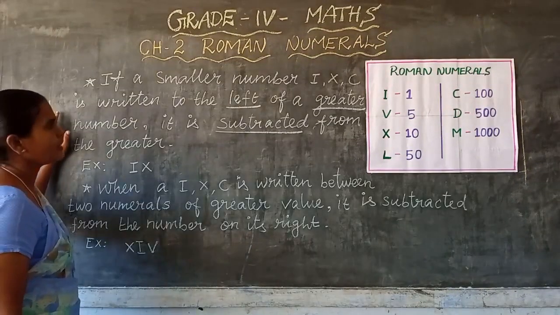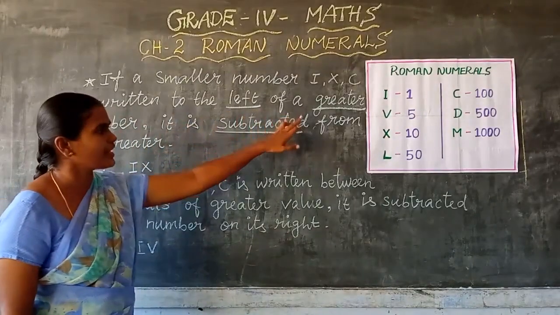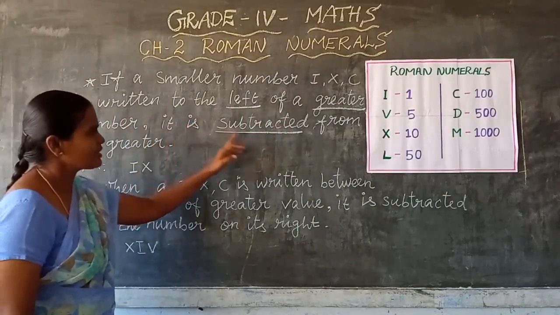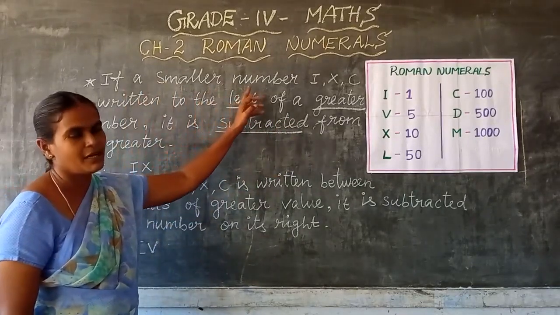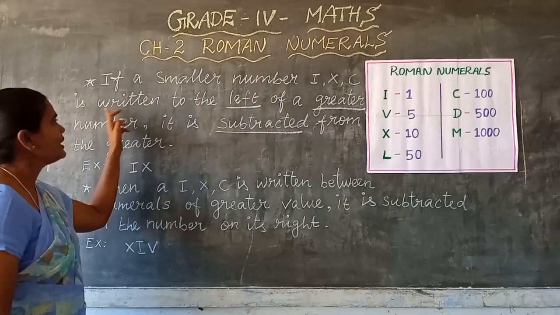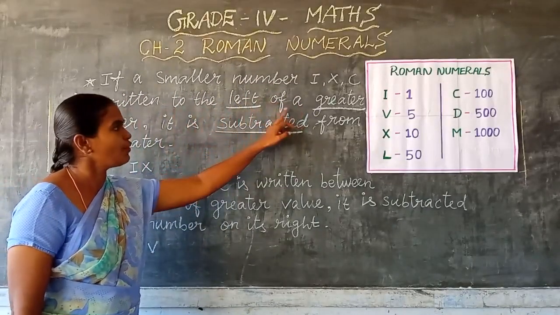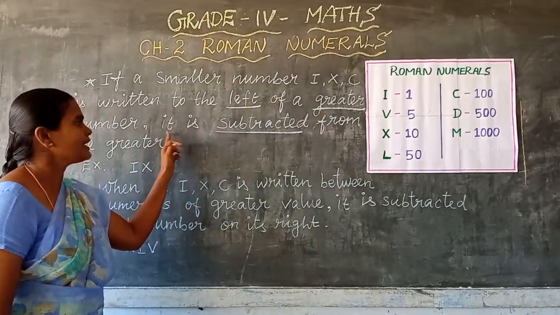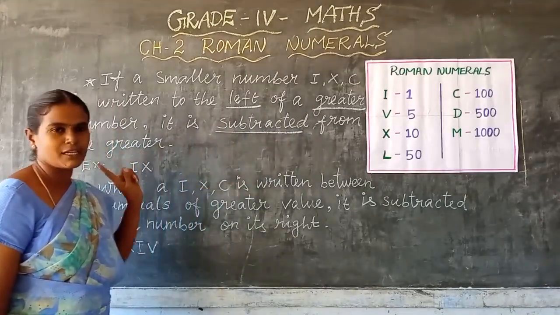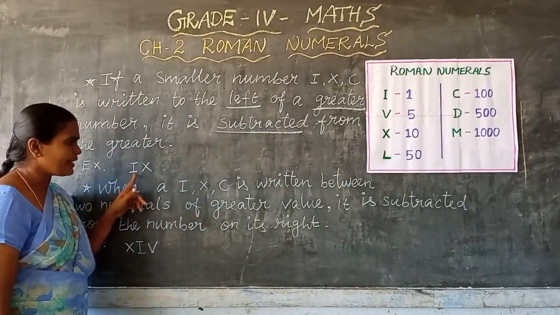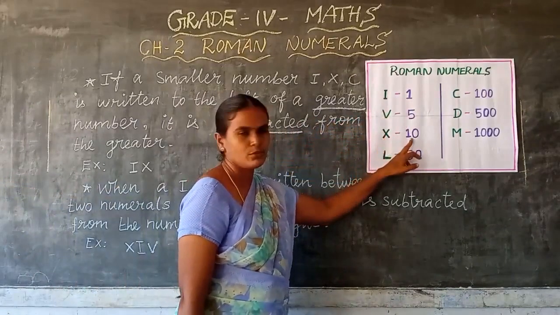Next condition. If a smaller number I, X, C is written to the left of a greater number, it is subtracted from the greater. So example: I value 1, X value 10.